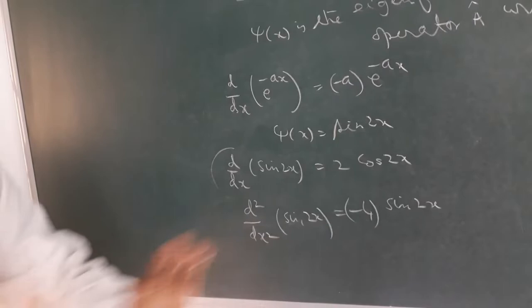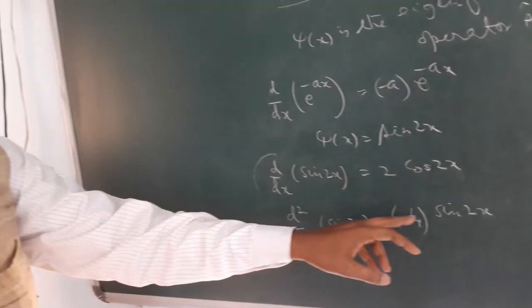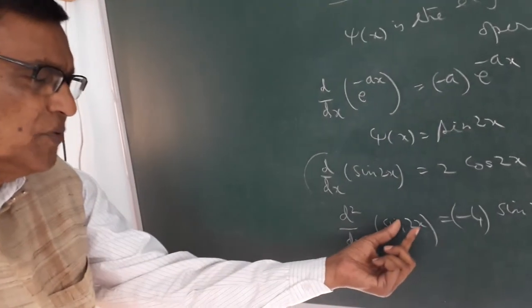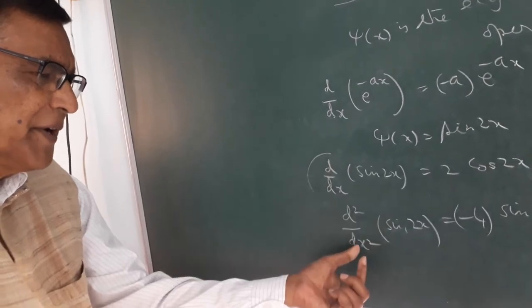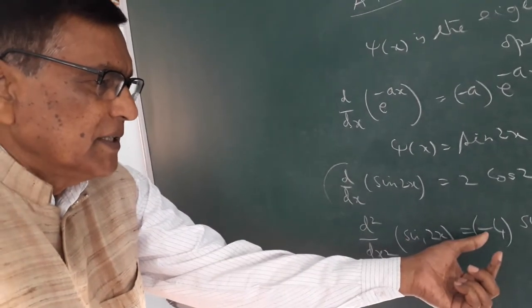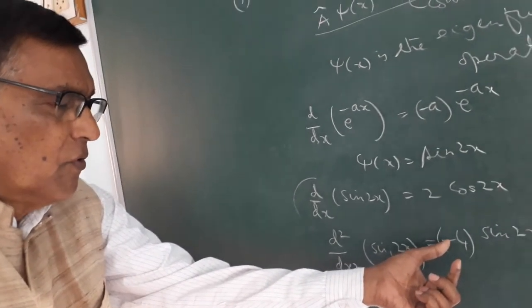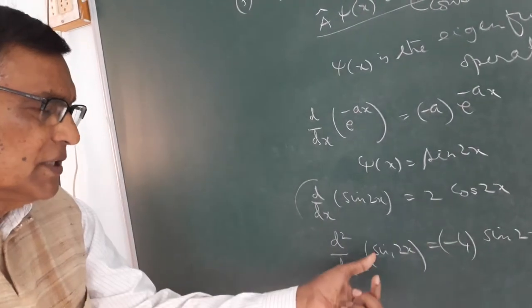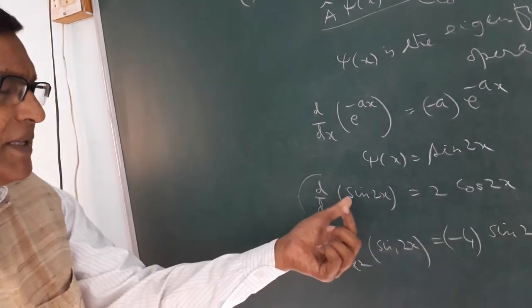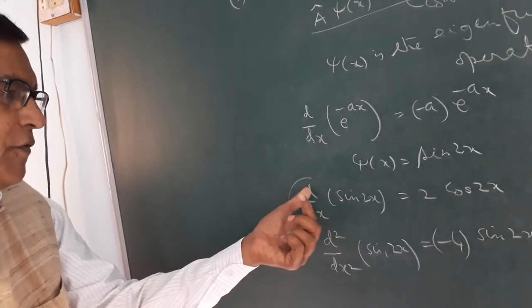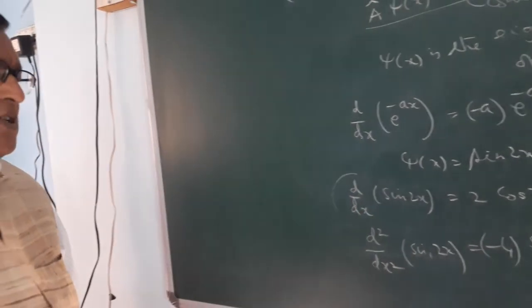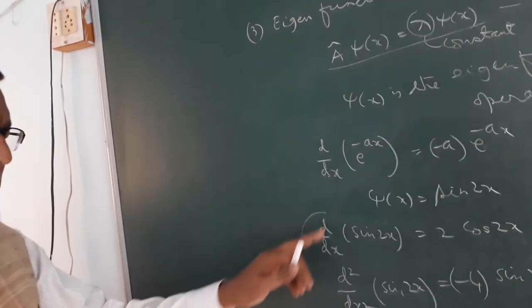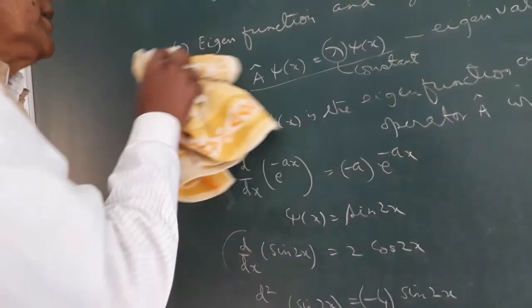The same function is coming back with an eigenvalue of minus 4. So sine 2x is an eigenfunction of this operator with eigenvalue minus 4, though sine 2x is not an eigenfunction of the operator d/dx. So eigenfunction always refers to the operator itself.